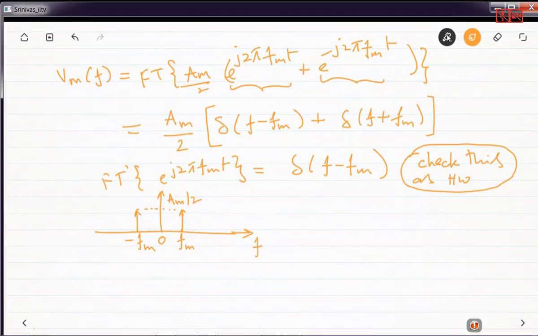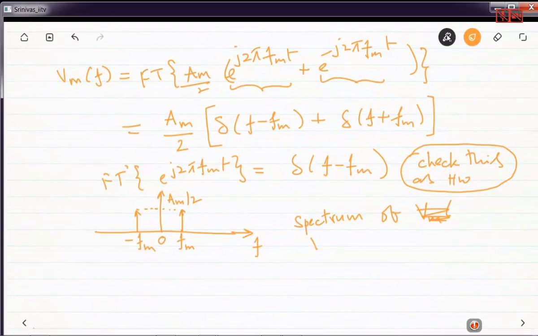So what is the y-axis? It's the magnitude of Vm of f. There is no space for me to write that here, but it is the magnitude of Vm of f. So this is the spectrum of Vm of t.